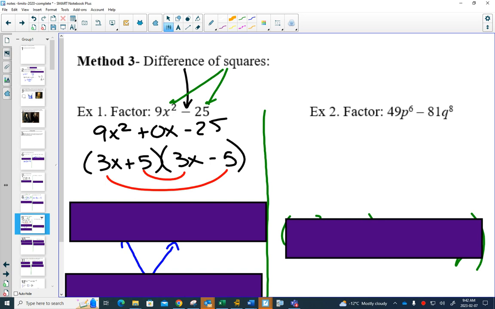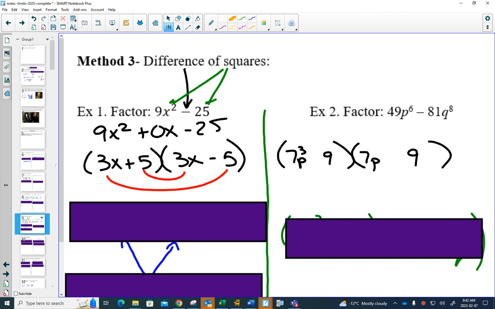But instead of getting students to add a 0x and factor it like we normally factor, this shortcut is so nice and so easy to do that as soon as you recognize this is a perfect square and this is a perfect square, right away, well, it's got to be 7 and 7, and this has to be 9 and 9.